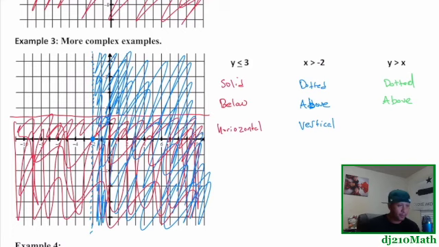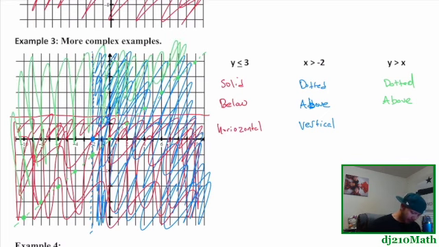So if you think about what y equals x is, a 45-degree angle line, right? It's through the origin, 2, 2, 4, 4, like whatever y is, x is. And we want above. All right, so this is getting messy real quick.